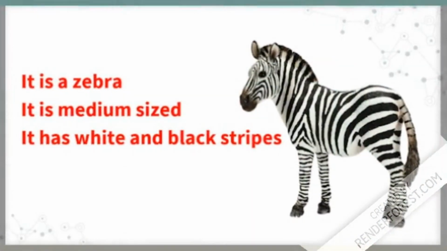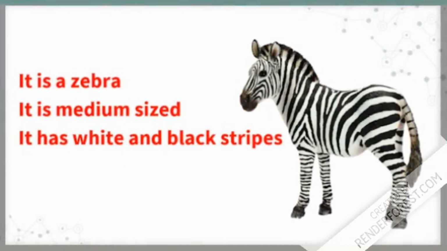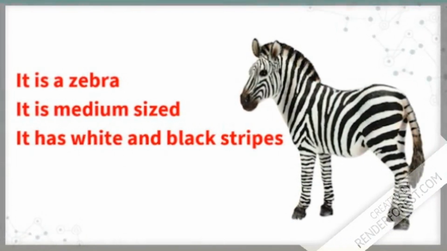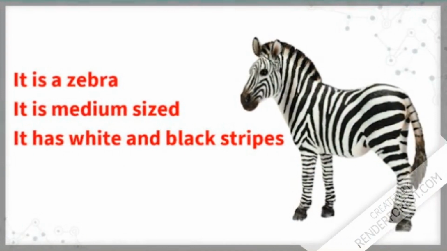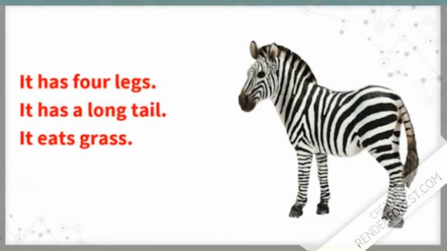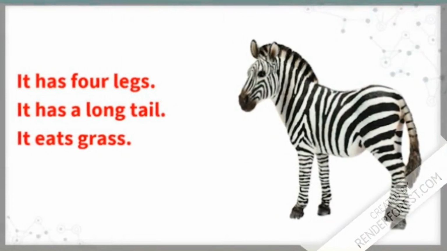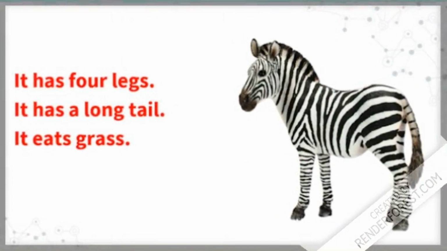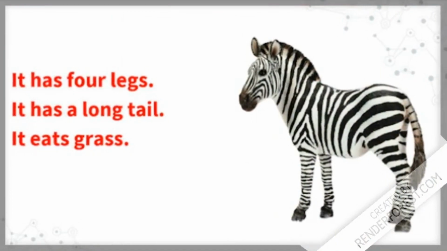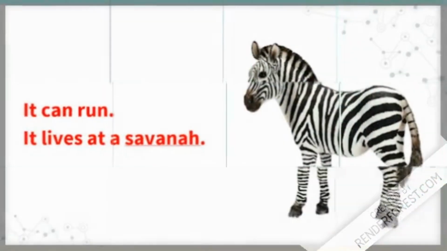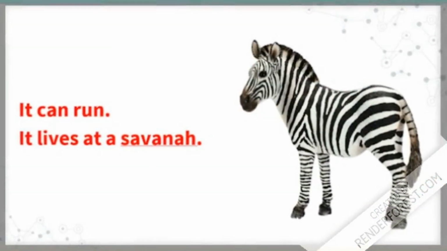It is medium-sized. It has white and black. It has 4 legs. It has a long tail. It eats grass. It can run. It lives at a savanna.